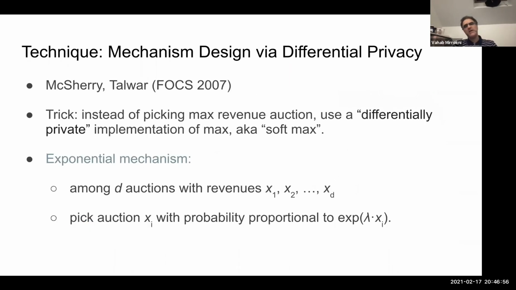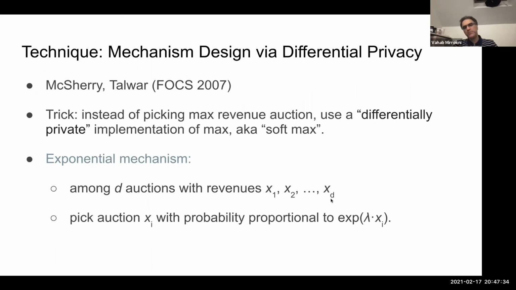The idea is to use this softmax idea from differential privacy. Instead of picking the outcome that has maximum revenue, for example, if you have different types of reserve with revenues x1 to xd, instead of choosing the outcome that maximizes revenue or the objective, we choose the outcome proportional to e to the power of lambda times the objective for that outcome.